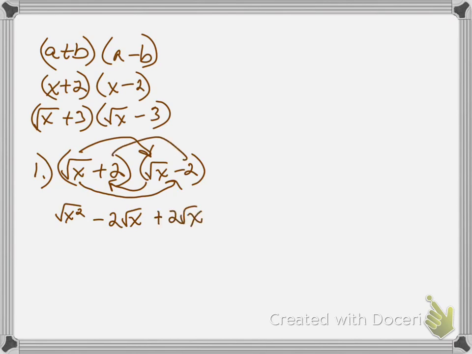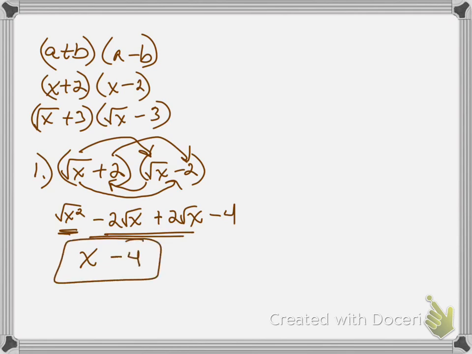And then you do your last, you get negative 4, right? So this ends up to be x. These cancel out, and you have minus 4. So your answer is x minus 4. Makes sense because when you do this, you have a squared minus b squared. It will always be that. A squared minus b squared. So it's always going to be two terms, x minus 4, right?